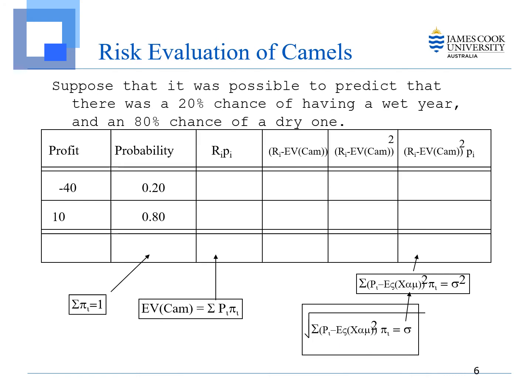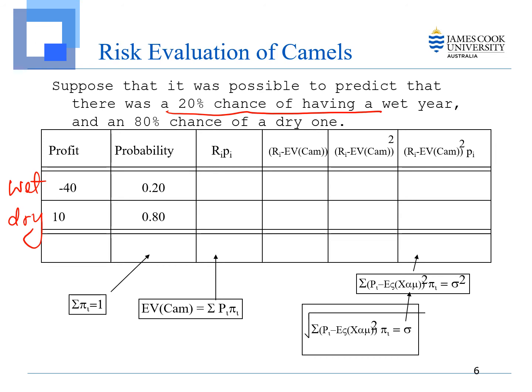From this tree, we can calculate. Suppose from the historical data, we can work out the probability of a wet year. We can predict that there is a 20% chance of having a wet year, and an 80% chance of having a dry year.